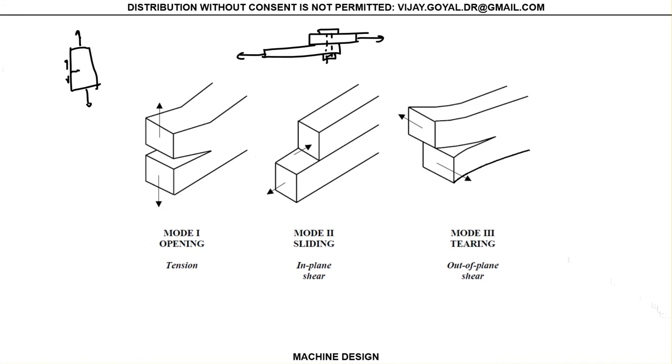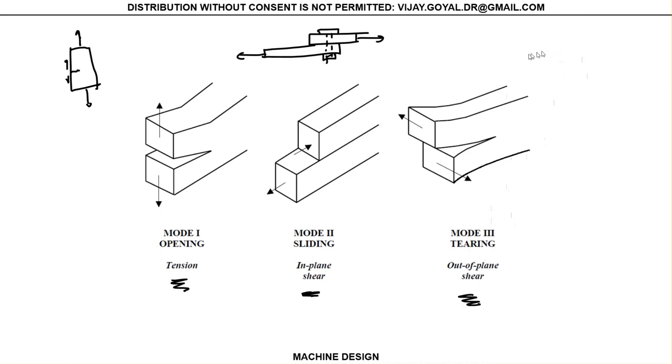What is important to memorize here, and this is where you may want to stop the video and take some notes, is in your book, by the way. This is called opening, and this is a tension problem. This is sliding, an in-plane problem. This is mode 3, an out-of-plane problem.